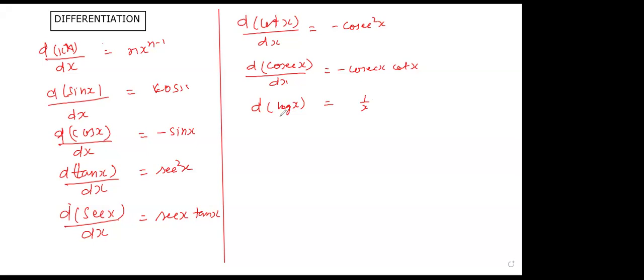We also call it ln x. So derivative of ln x is 1 over x. And derivative of the exponent function e to the power x is e to the power x itself. Derivative of a to the power x is a to the power x log a.